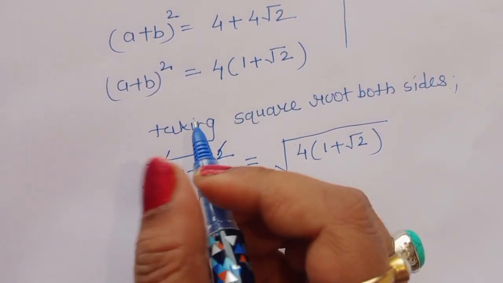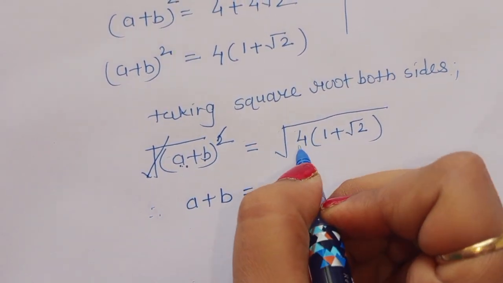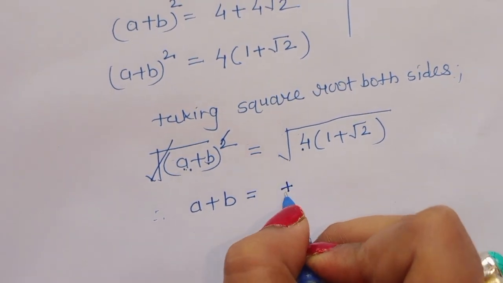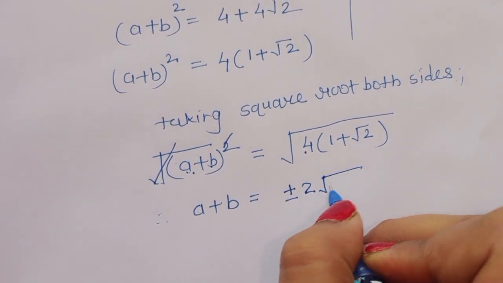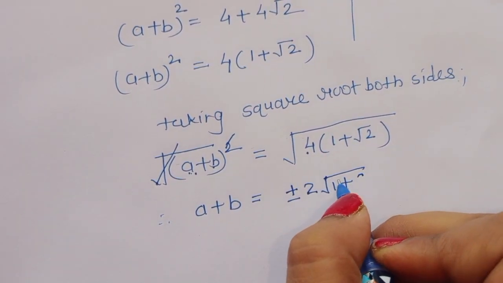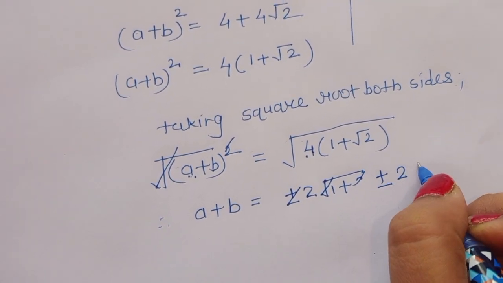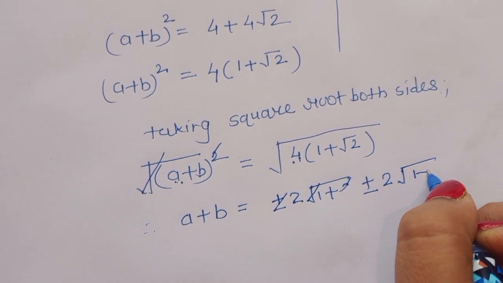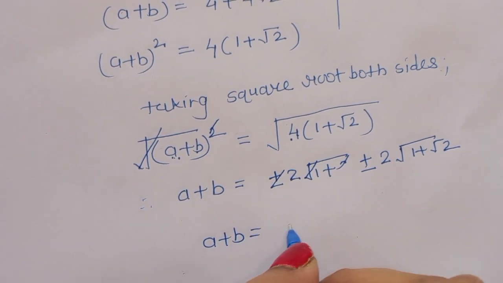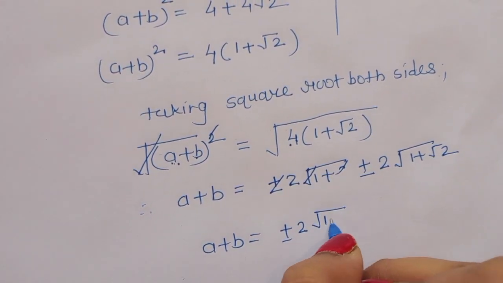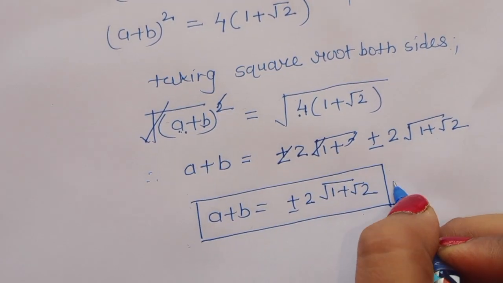This square is cancelled with this square root, therefore a plus b is equal to, square root of 4 is 2, so we write plus minus 2 times square root of 1 plus square root of 2. This is the value of a plus b, equal to plus minus 2 times square root of 1 plus square root of 2. This is the solution. Thank you.